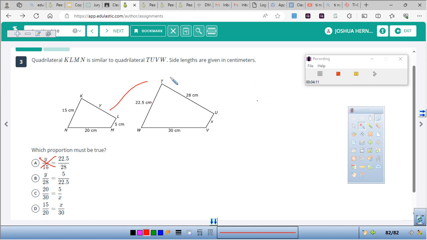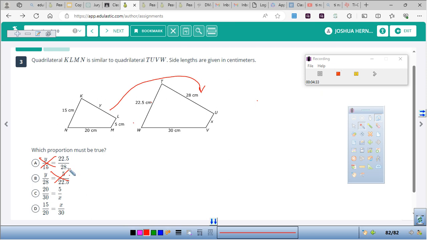Y goes to 28, that's fine. They want to compare like that. So we need another arrow from this figure going this way. As 5 goes to the same corresponding side here, it should go over here, but it's not. It's going here, which is still wrong. It really should go over here. So that makes that wrong.